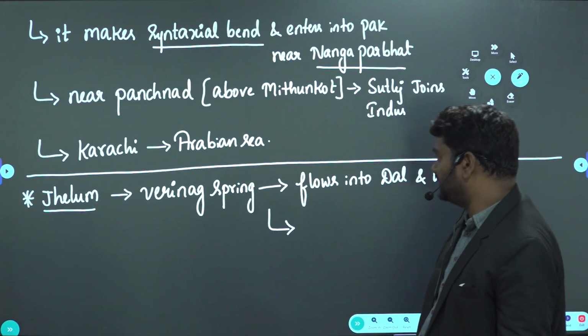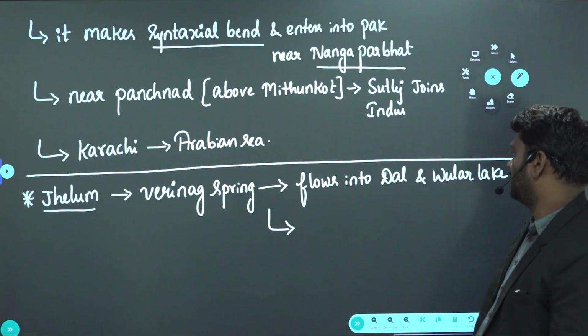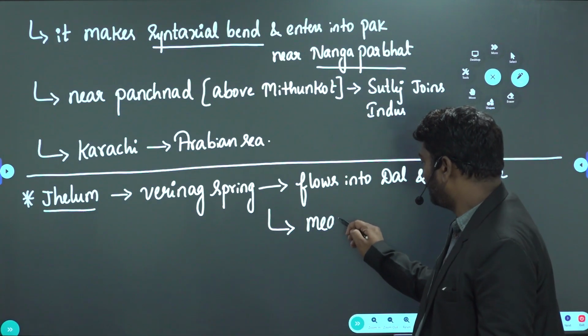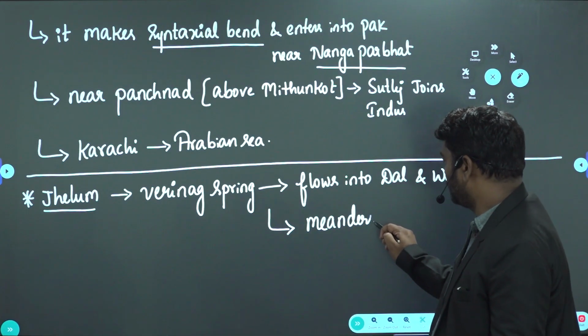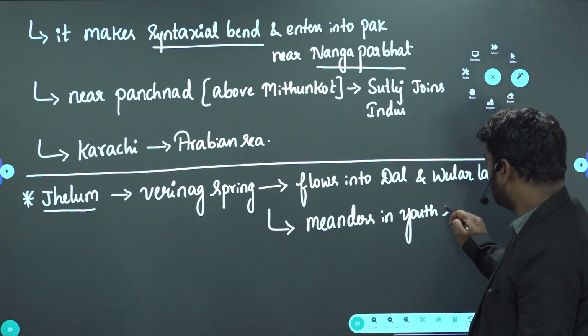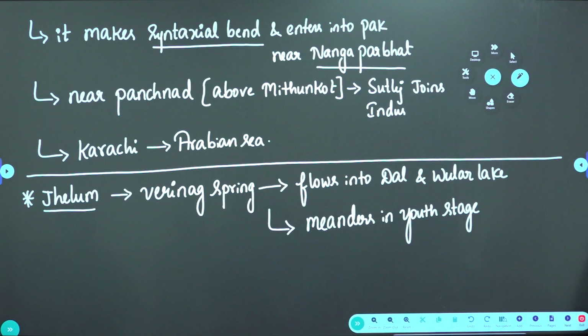As it enters into it, Jhelum meanders in youth stage. It's the only river which meanders in youth stage.